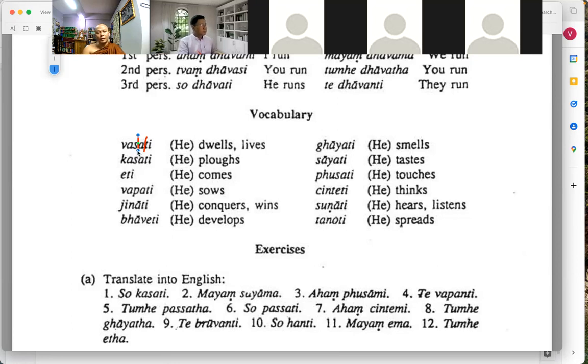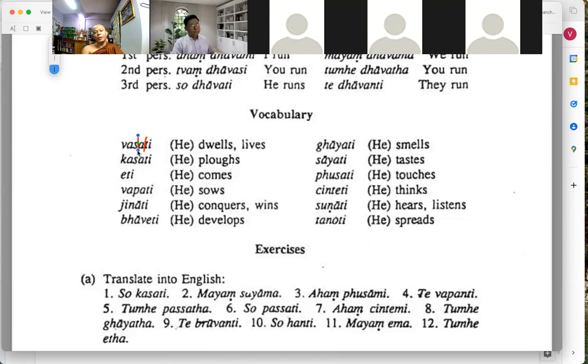Now, by getting the base wasa, we can form other verbs for the other persons and other numbers. So wasadi, wasandi, by replacing di with anti.